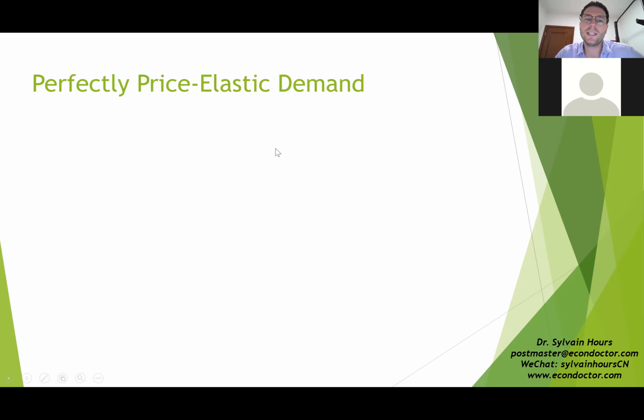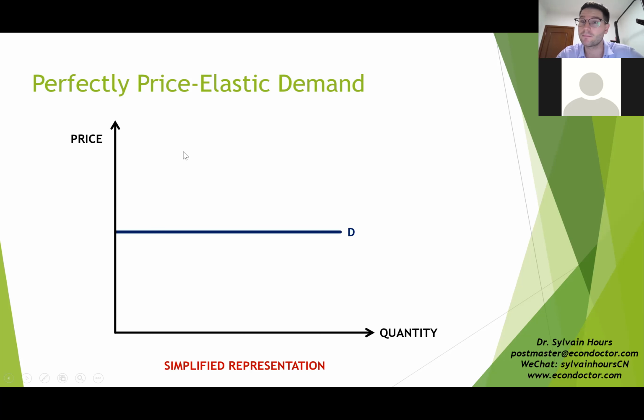Now, with perfectly price elastic demand, I really don't like the representations that we find in books, because usually what you have is this, right? But to me, this has never really made sense, because clearly, and I should actually add it, let me just add a little something.